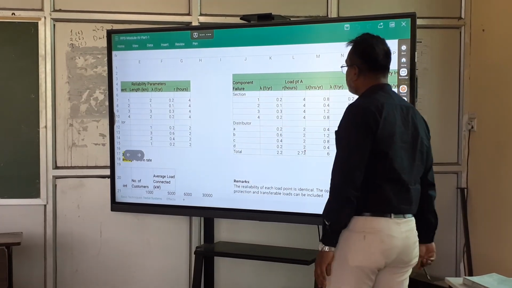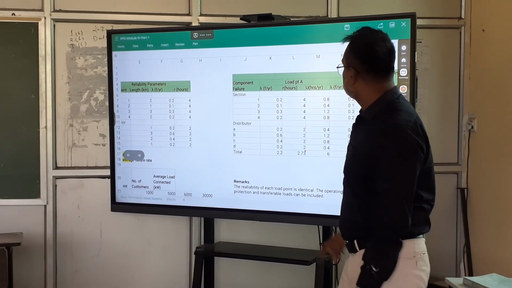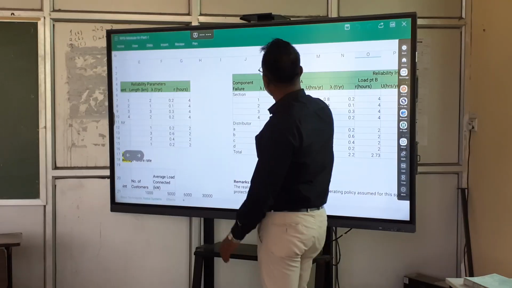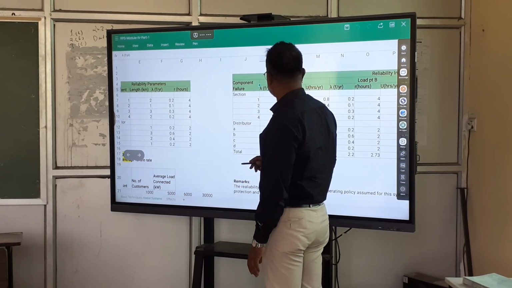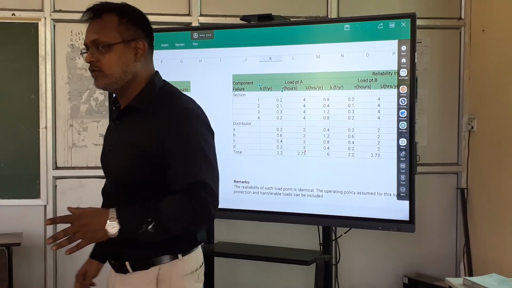First part is to compute the basic indices, three basic indices: lambda, r and U. So what is the formula for lambda? Summation of lambda for each of the components.